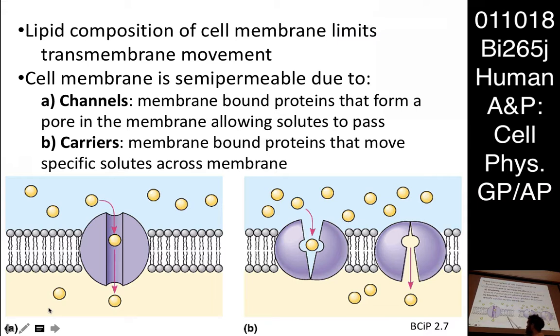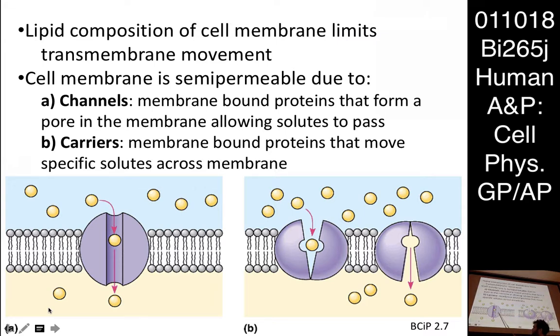It can't just pass through here because this polar molecule doesn't want to be in the nonpolar region between the two leaves of the plasma membrane. So these transmembrane proteins that get embedded in the cellular membrane act as channels. They act as a way for solutes to actually pass across that lipid membrane.